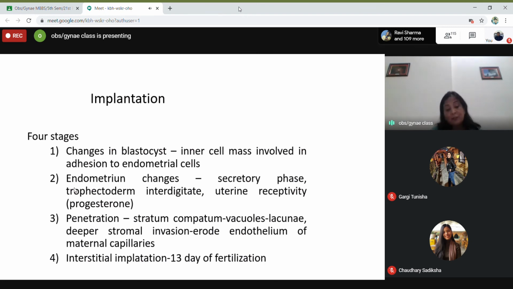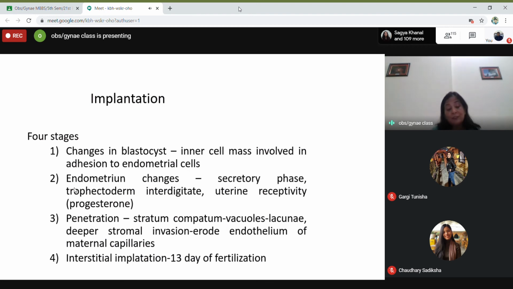And after that, there will be penetration. The blastocyst penetrates into the endometrium, and there will be formation of the stratum compactum, and then formation of vacuoles, and then these vacuoles are filled with blood, and that is called lacunae.